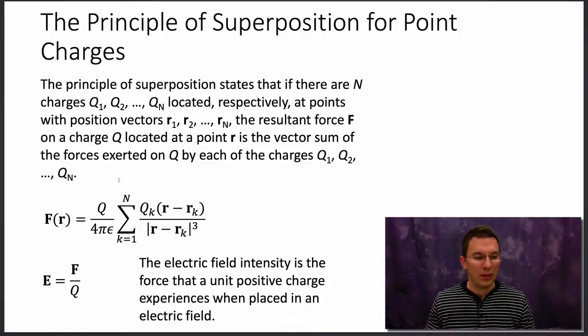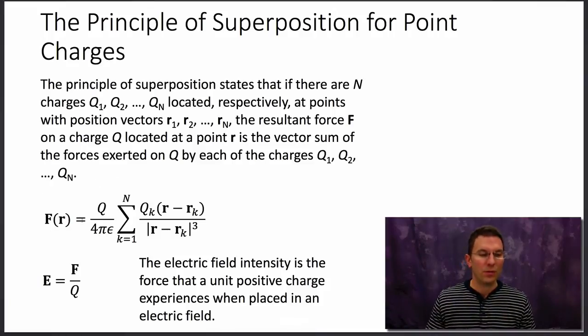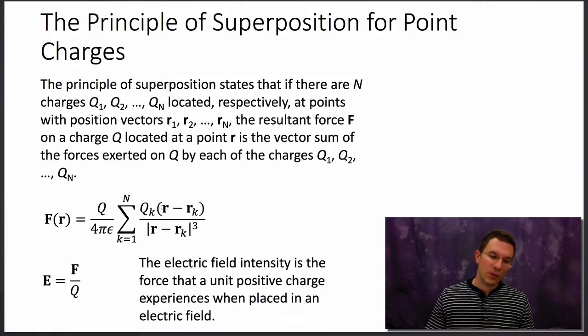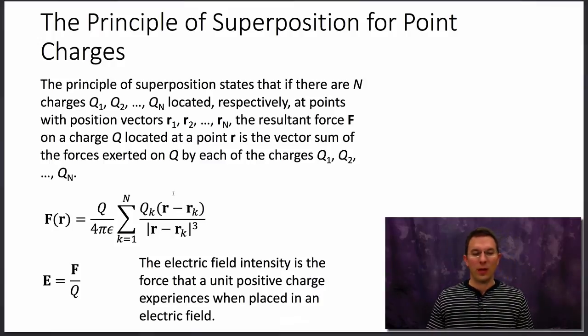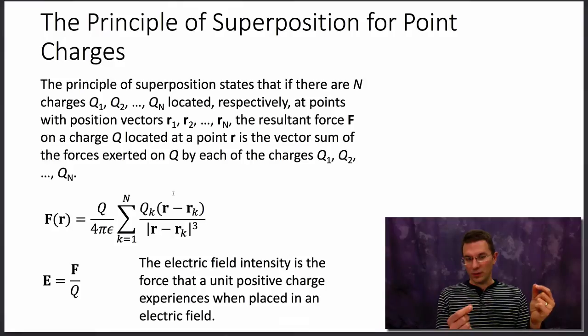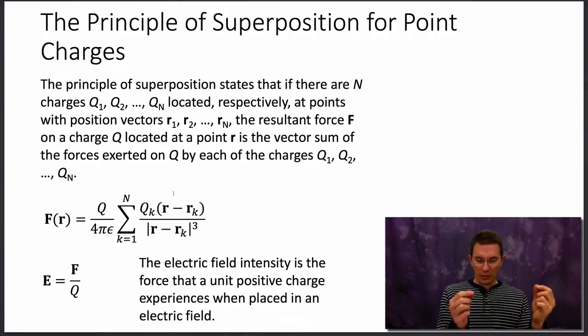Mathematically, that looks like this. Again, this is the force felt by charge Q out at some point r in space. So it depends on its own charge, the charge that it carries. That's no surprise. And then you can see here, this is a vector sum of vectors that point from each charge to that point.